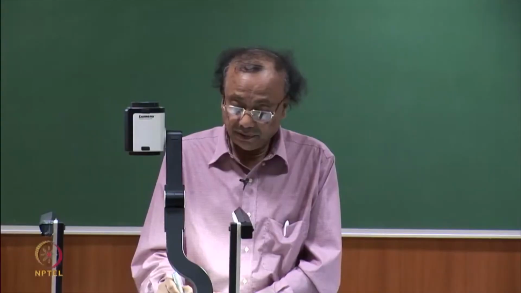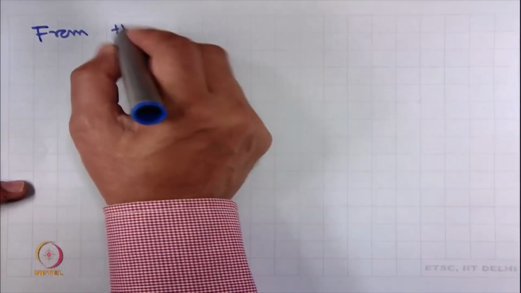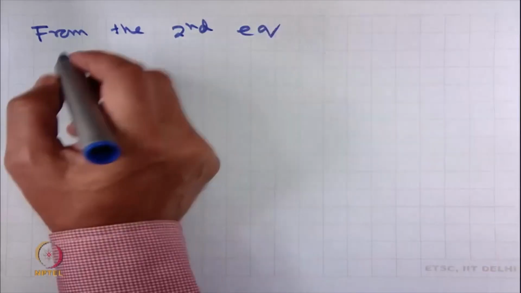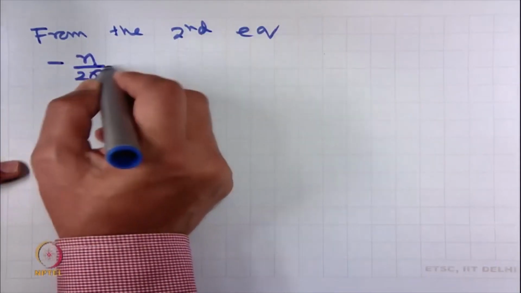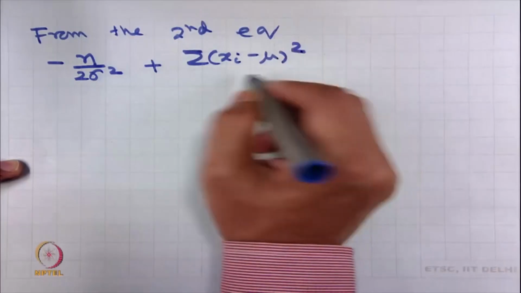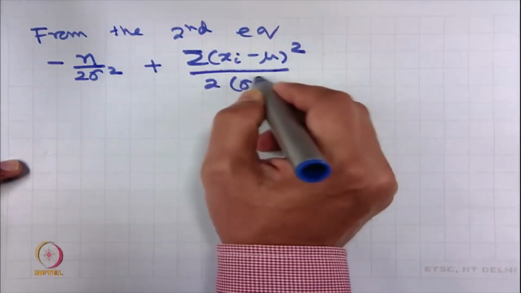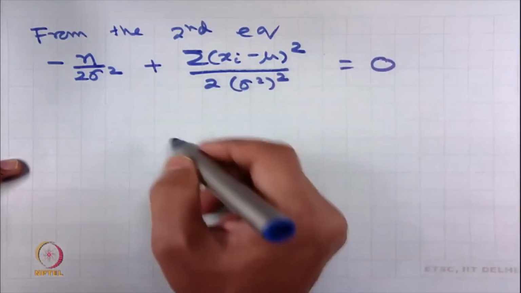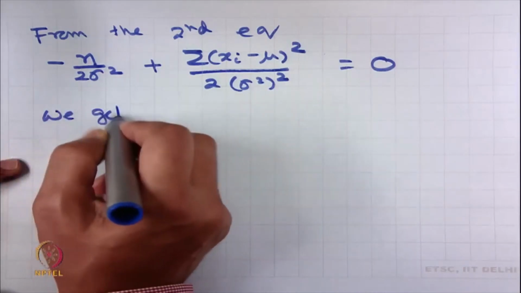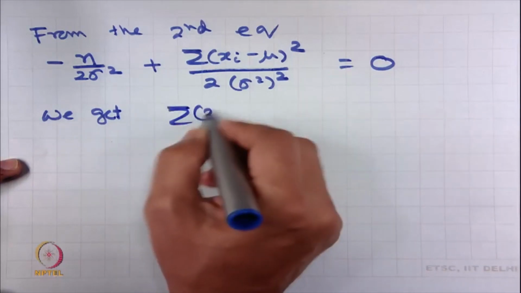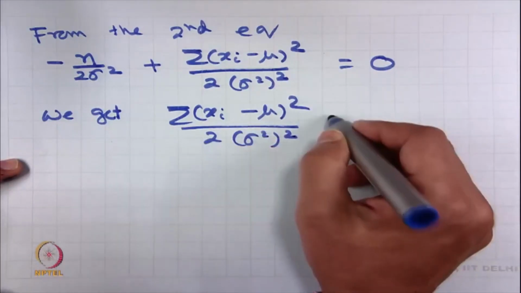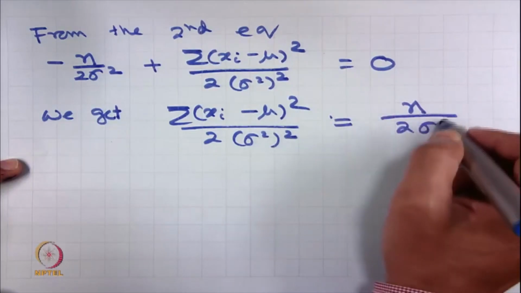From the second equation, which is minus n upon 2 sigma square plus sigma xi minus mu whole square upon 2 sigma square square is equal to 0, we get sigma xi minus mu whole square upon 2 sigma square square is equal to n upon 2 sigma square.